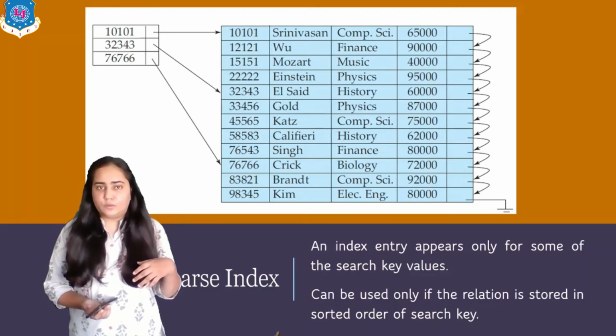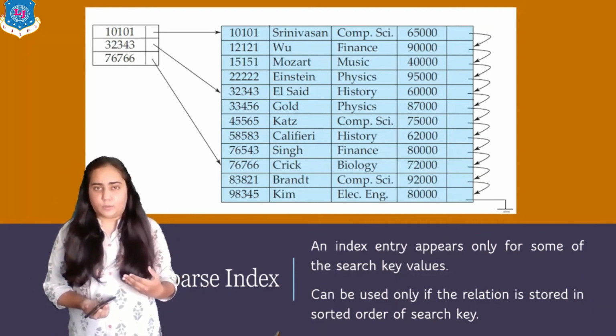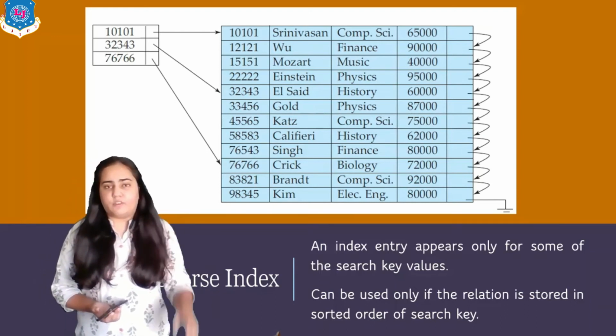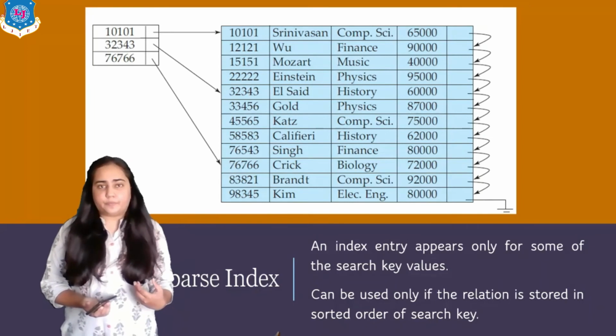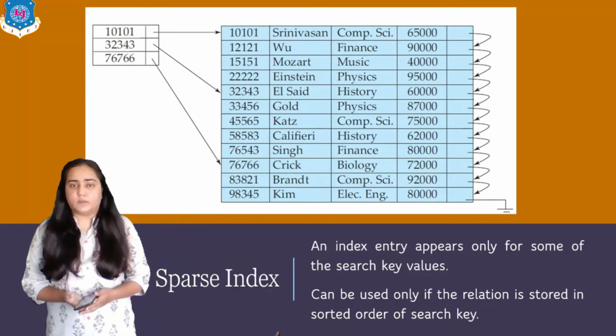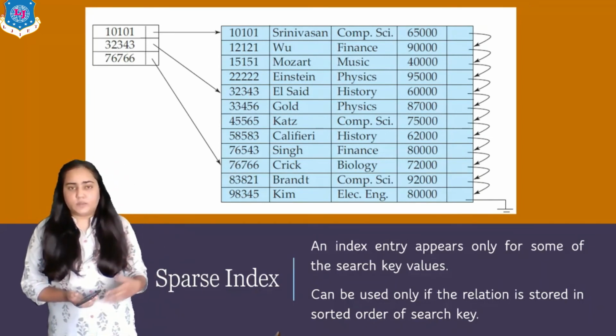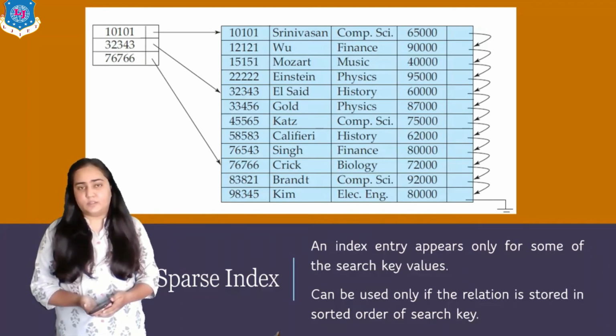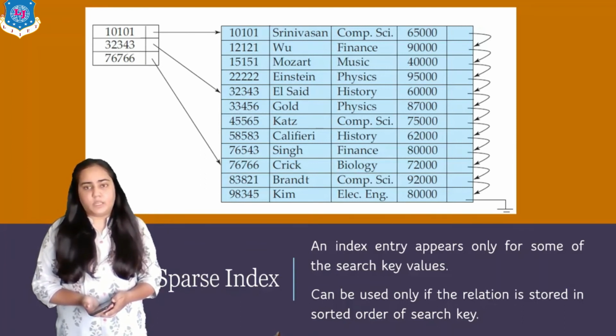And I can conclude that without looking at the rest of the table. I just need to look at the first maybe 4 or 5 records to realize that this ID is not present. So that's how a sparse index helps, and it is also sparse, so it occupies less space since we are not creating an entry for each and every row.